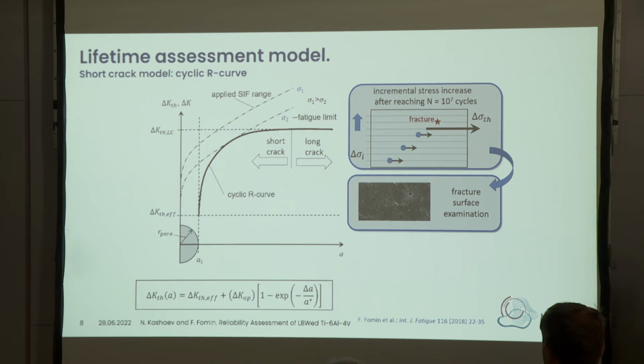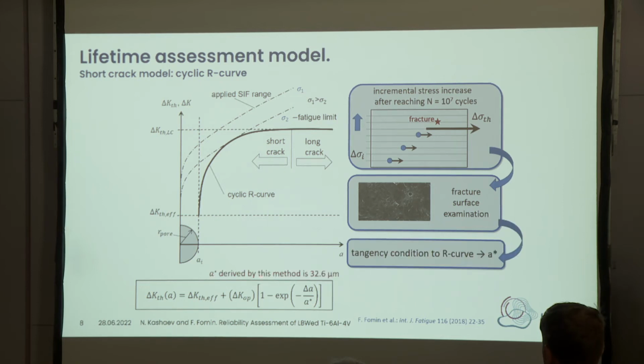Now we know the stress level, we know the behavior of crack driving force, and using the tangential conditions and the least square method, we can identify the parameter R-star. Here is our parameter for our welded specimens.